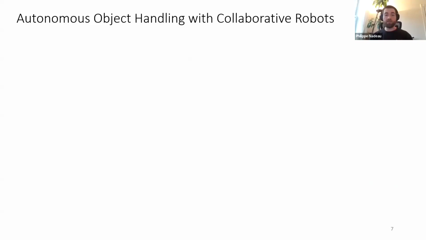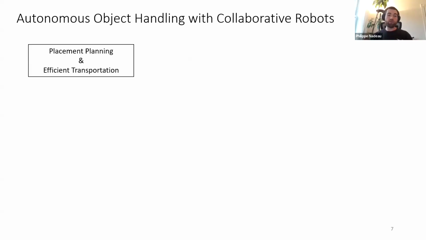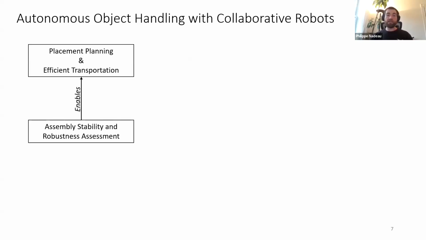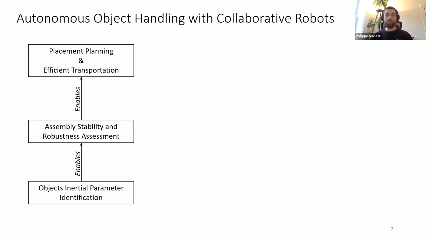Specifically, this thesis considers the problem of autonomous object handling with collaborative robots, which requires placement planning and efficient transportation capabilities. These are enabled by a sound assessment of assembly stability, which in turn depends on efficient inertial parameter identification.